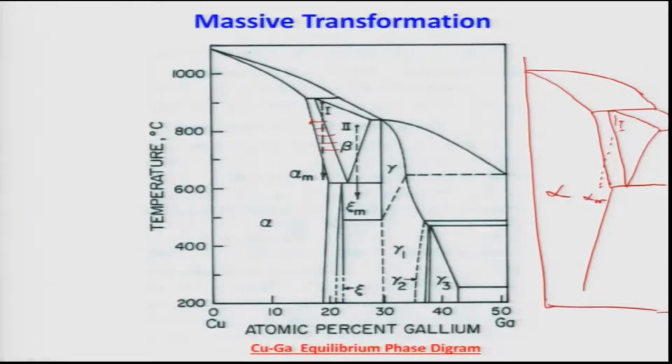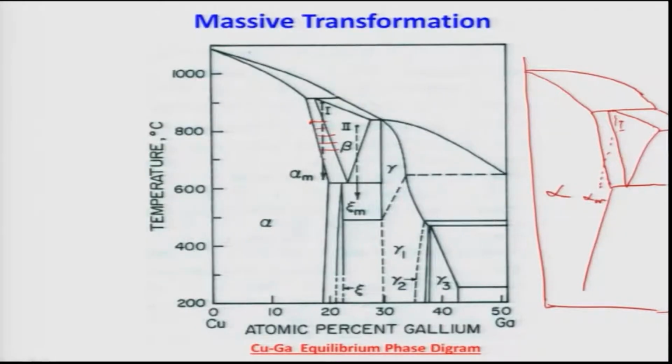As it passes through this two phase region, a two phase microstructure will form, consisting of mostly Widmanstatten alpha in the beta grains. Now, as you cool it down below this temperature, say 700 degrees Celsius, it has to transform into fully alpha phase.